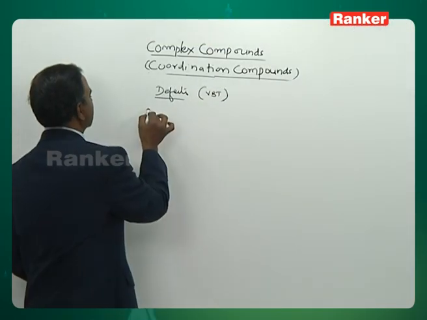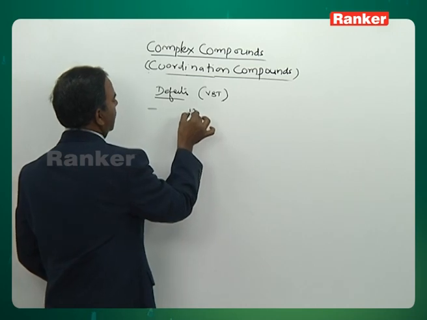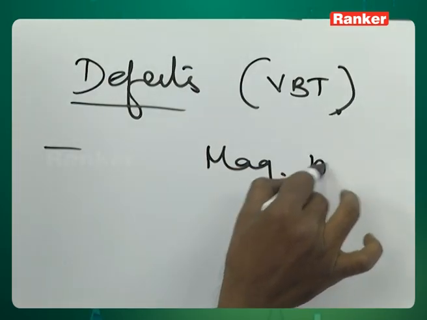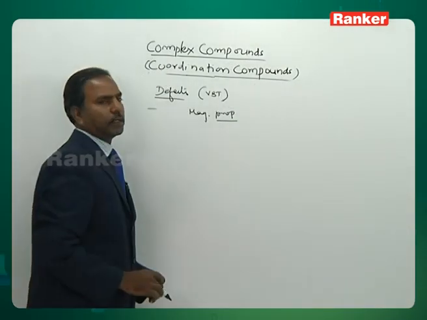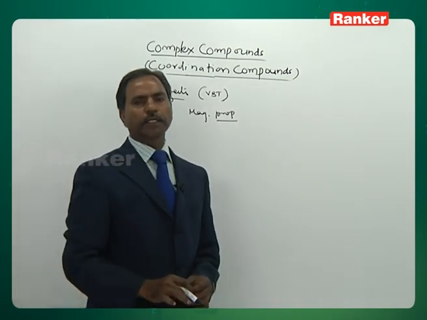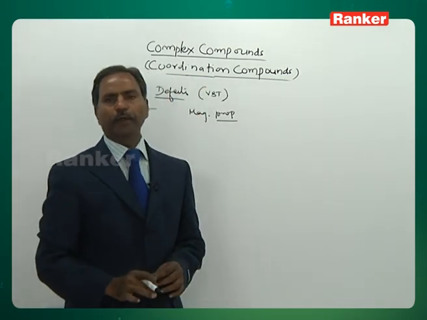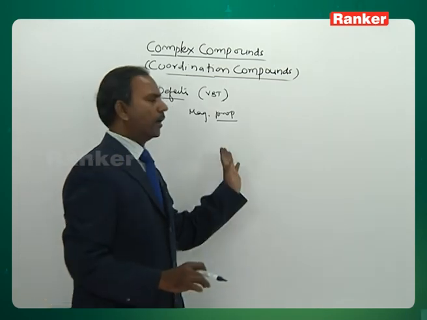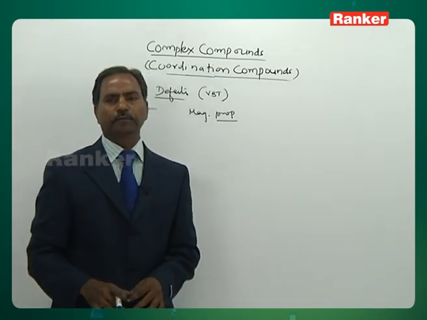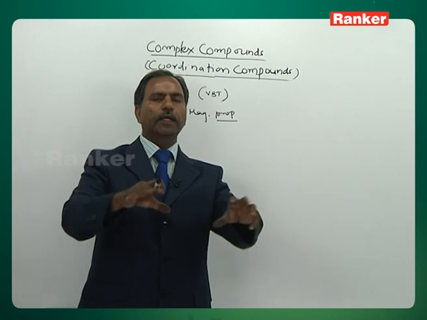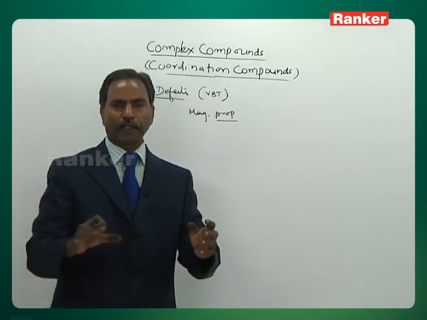First one: this theory is completely based on magnetic properties, remember. This theory was proposed by Linus Pauling, and he prepared different complexes, and those complexes were taken into a Gouy balance, a magnetic balance.